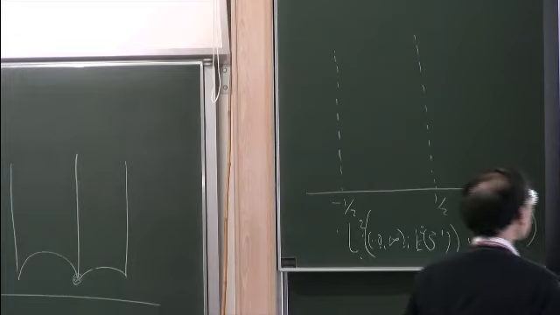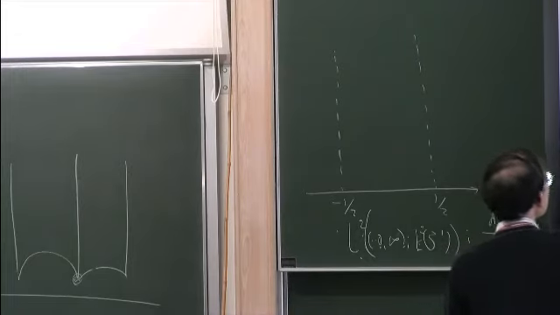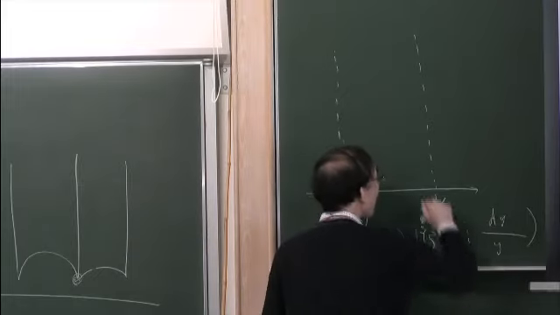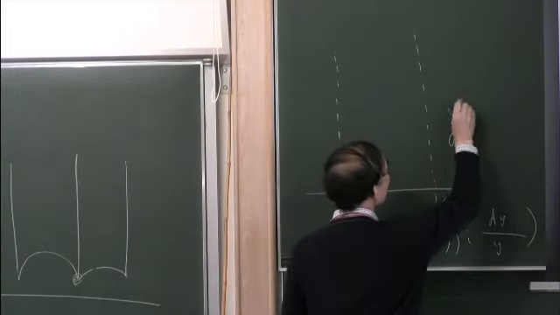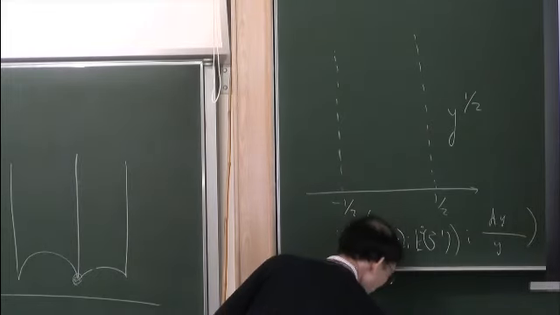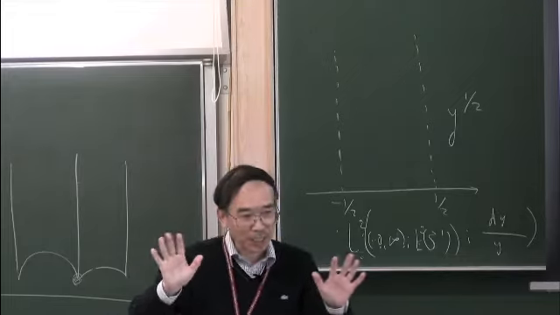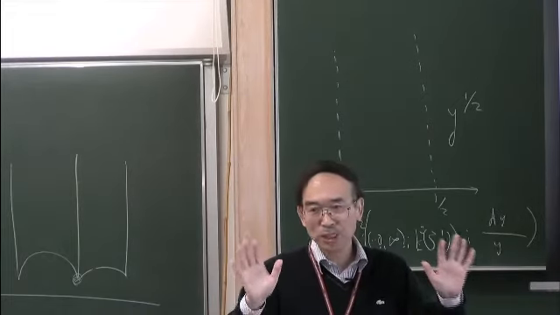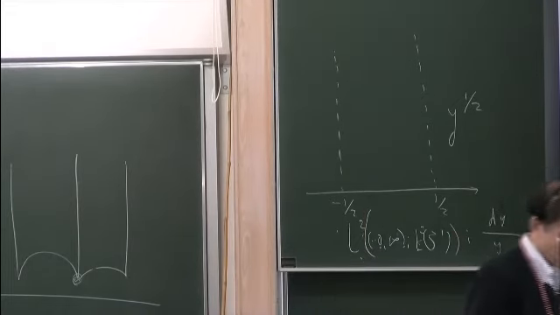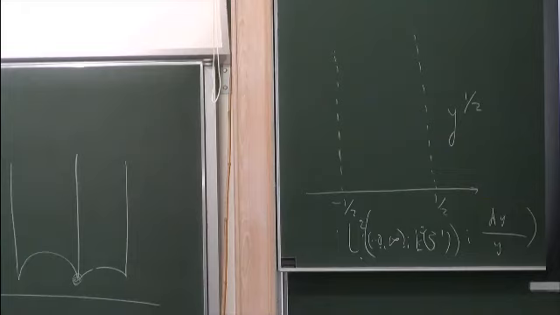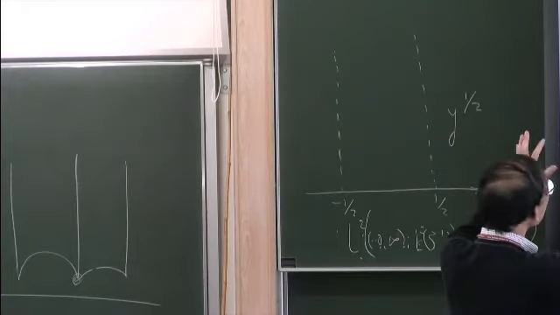So it means that the functions in this B star behave like y to the power 1/2, which is just the standard behavior of the solution to the Schrödinger equation at infinity. And we write f(y) is almost equal to g(y).